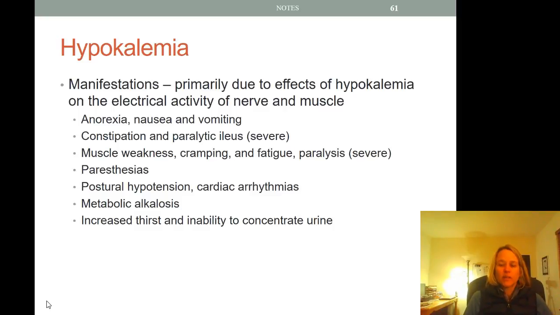Paralysis, once again, both paralysis and paralytic ileus are only in severe hypokalemia. Paresthesias, those are like the pins and needles type feeling. Postural hypotension, cardiac arrhythmias, metabolic alkalosis, and an increased thirst and inability to concentrate urine.